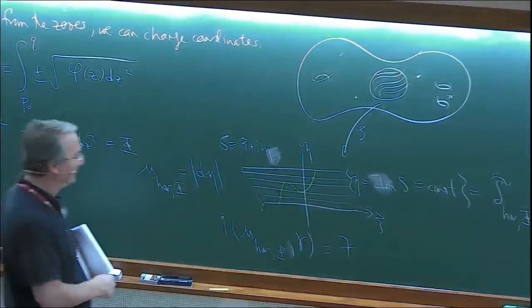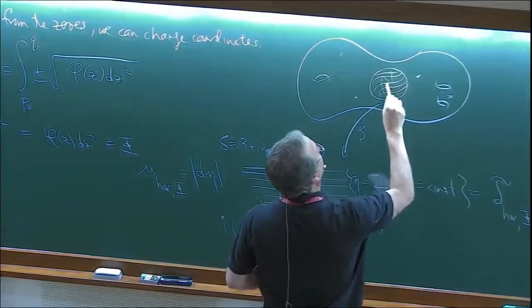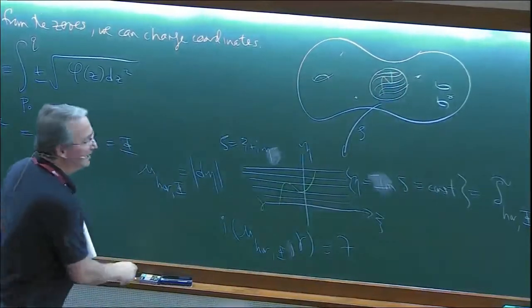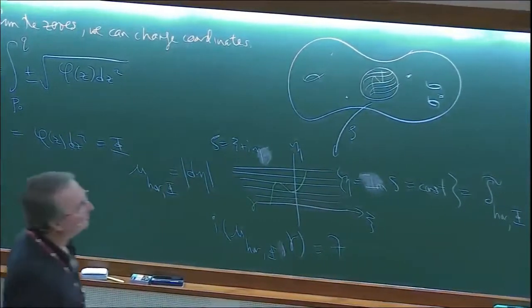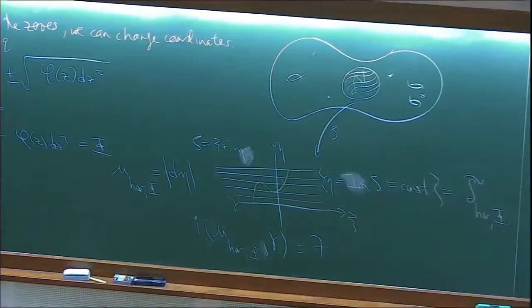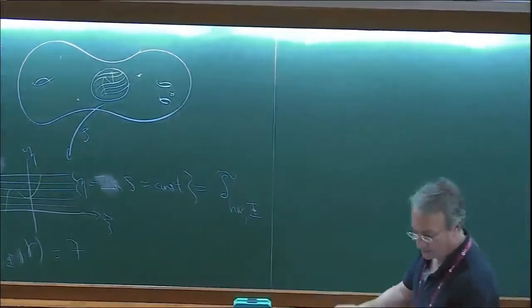And so that gives some foliation on the surface. Another way of expressing that foliation is, well, maybe we won't go there.